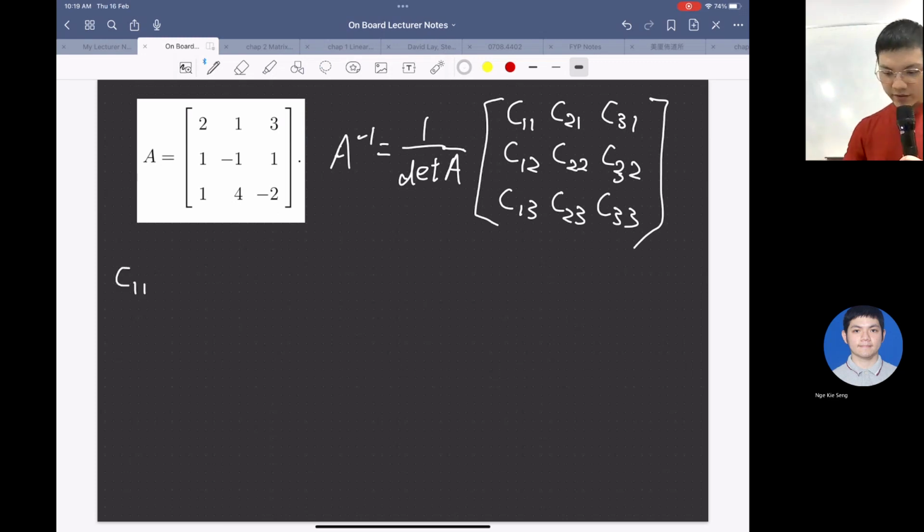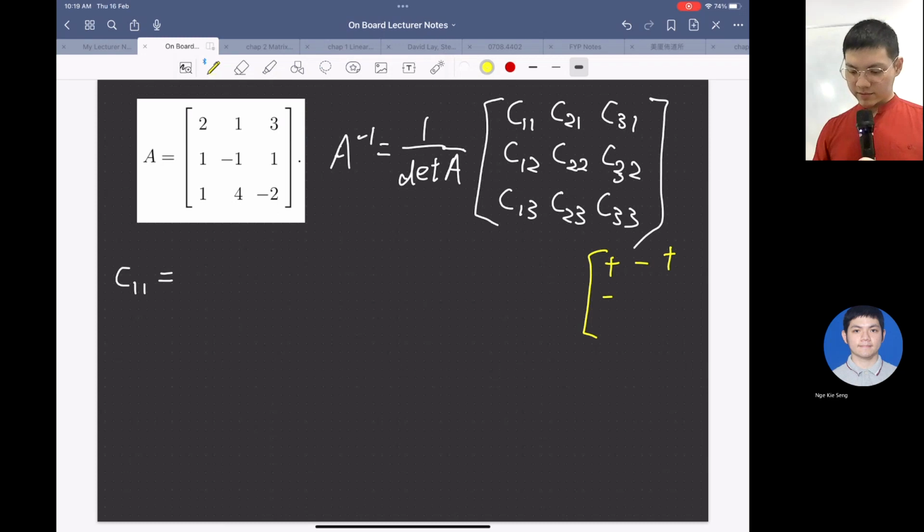So what is C11? Remember how to compute this cofactor here? Let us bring out the sign table, plus minus plus, minus plus.